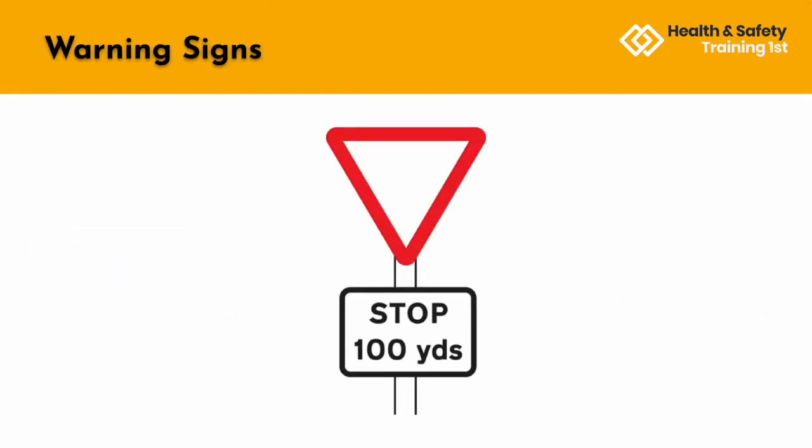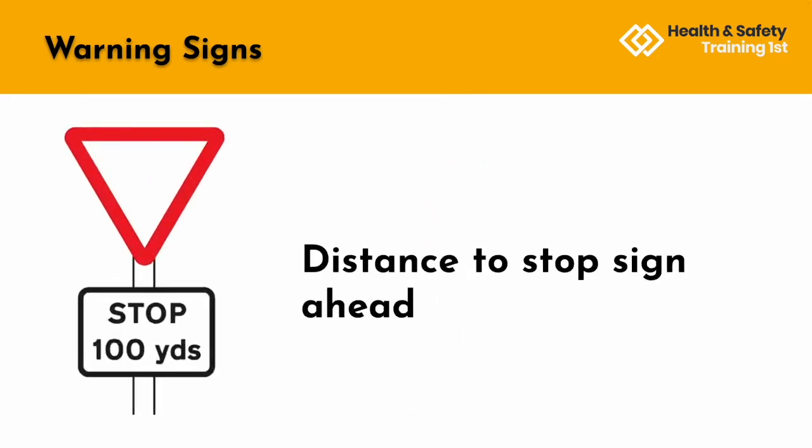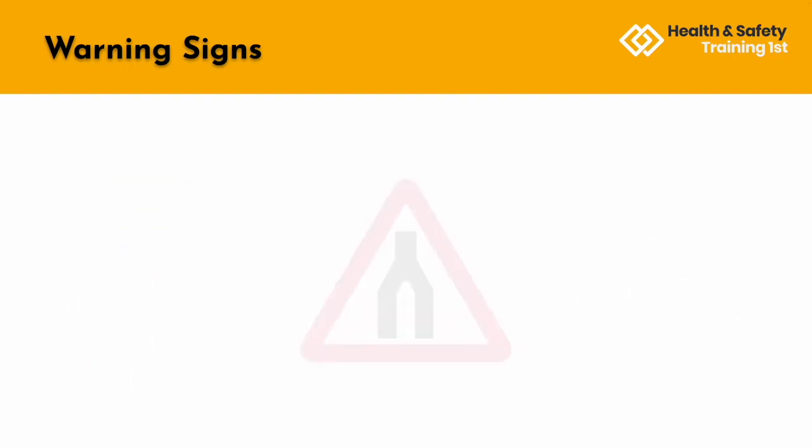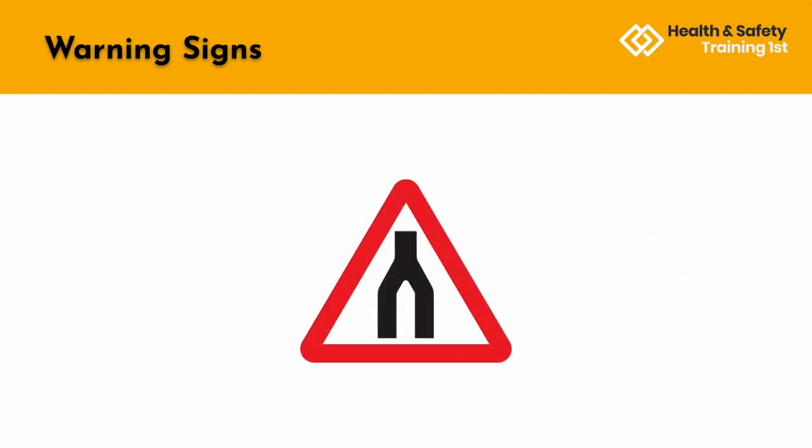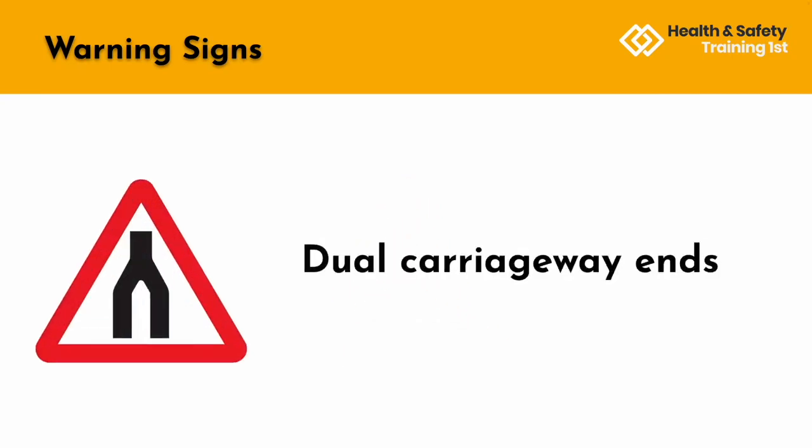Warning signs. These are mostly triangular. Distance to stop line ahead. Dual carriageway ends.